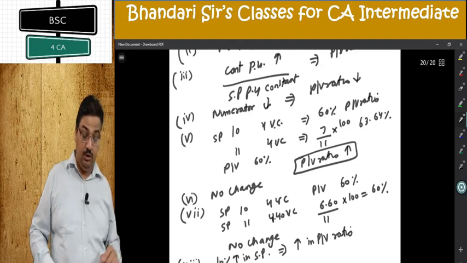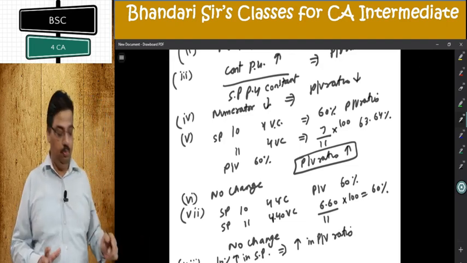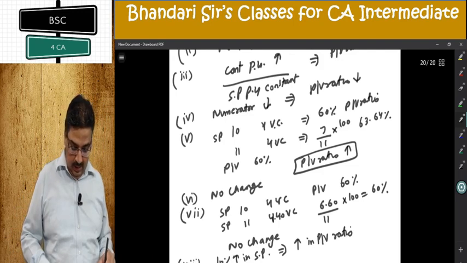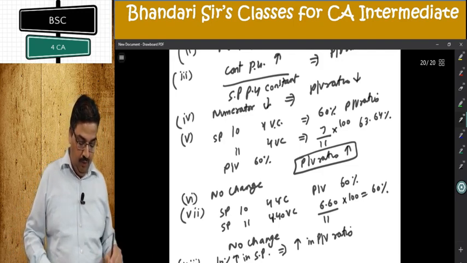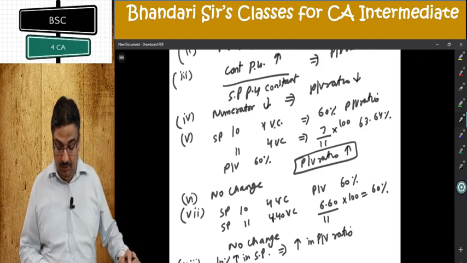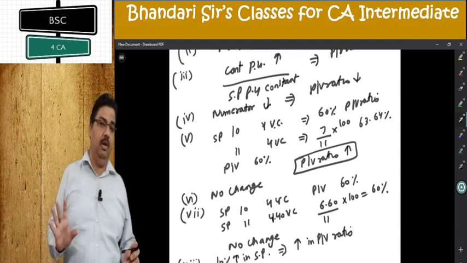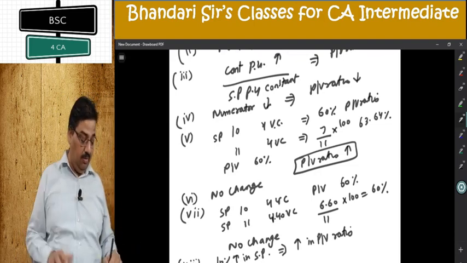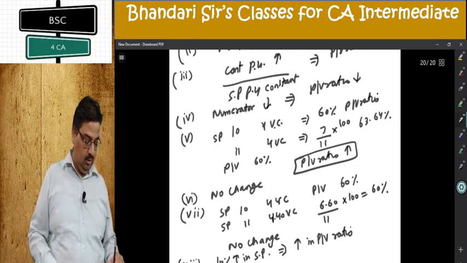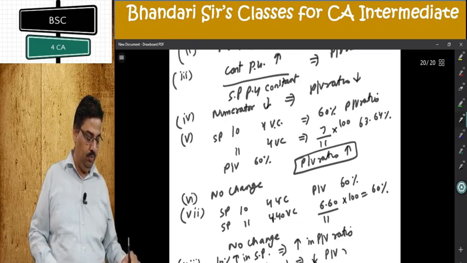There is no compensating effect in case of volume. Ninth, 50% increase in variable cost, 50% decrease in fixed cost. Fixed cost will not affect my PV ratio. An increase in variable cost implies a decrease in contribution, which implies a decrease in PV ratio.